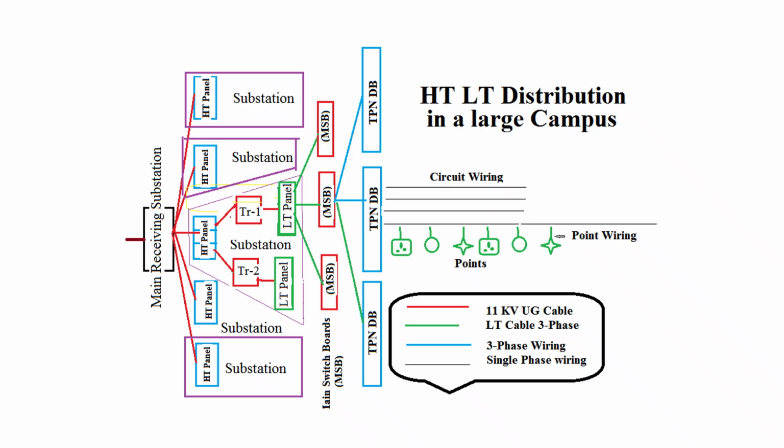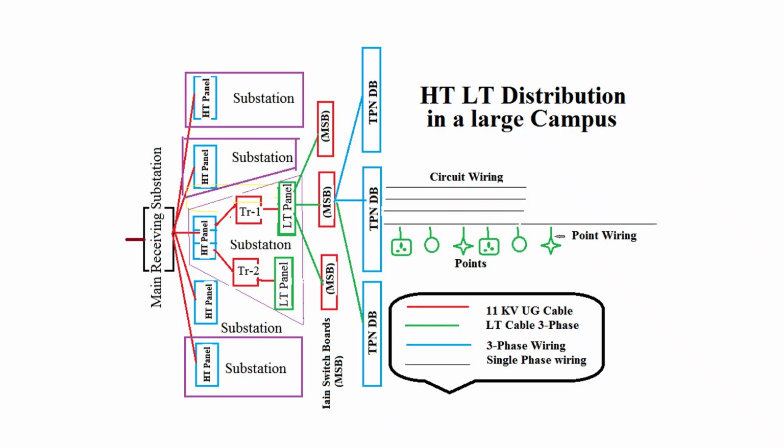The integrated electrical design may include, from main receiving station, substation to main switchboard to TP and DB, and then circuit wiring and point wiring.